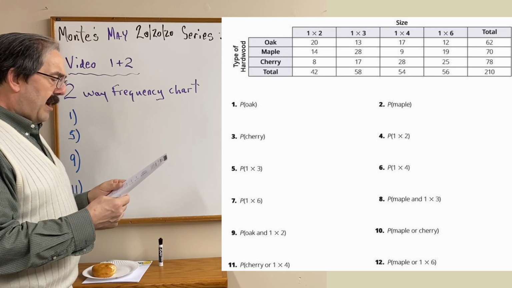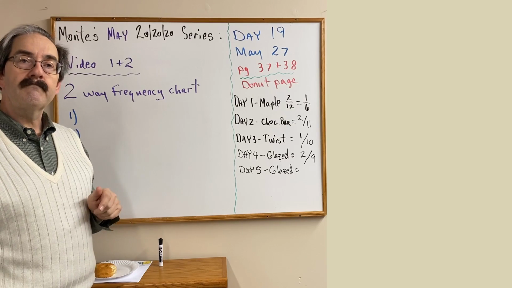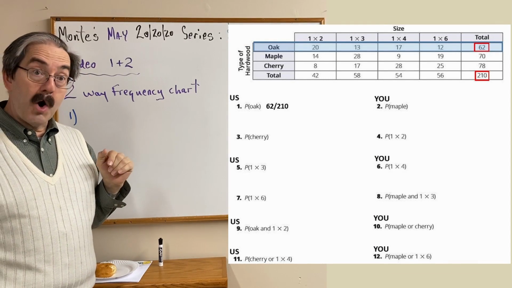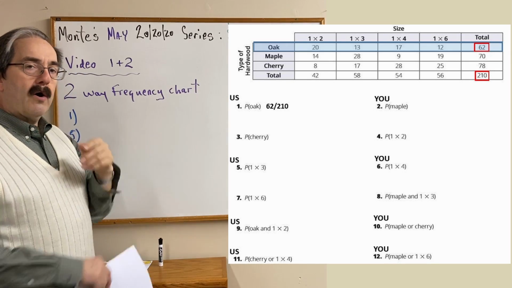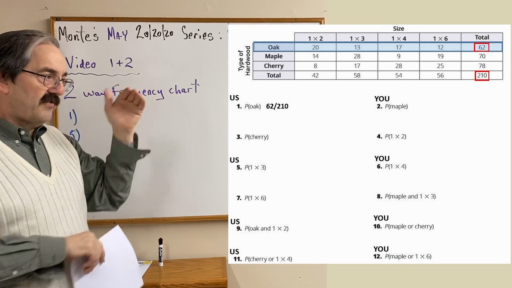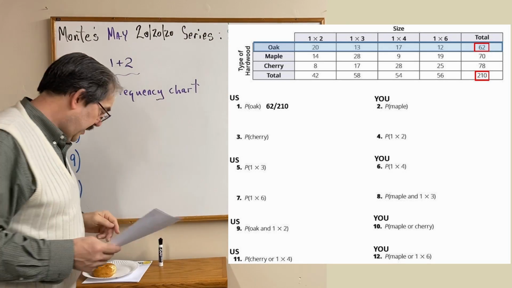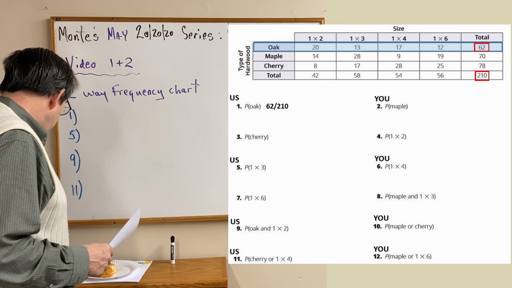Probability that I'm picking an oak. Find oak. That's a row. How many total oak are there? There's different sizes. 62. So, for this first problem, let's write a 62 right here.